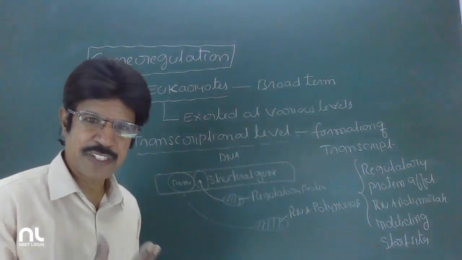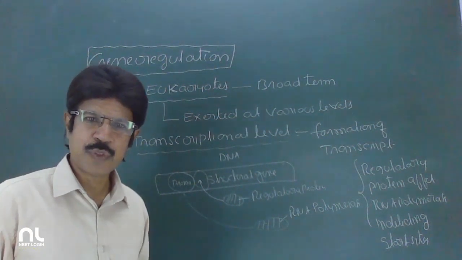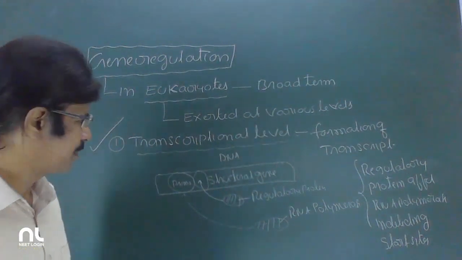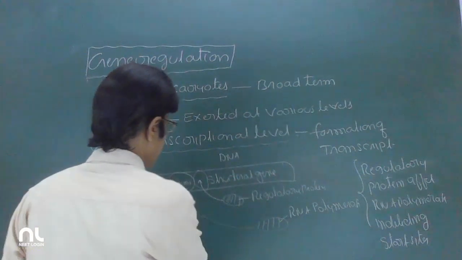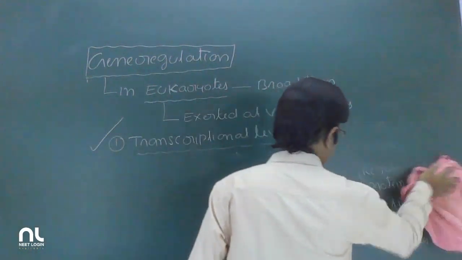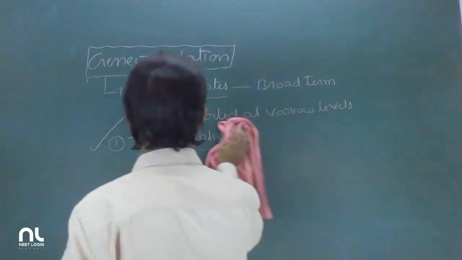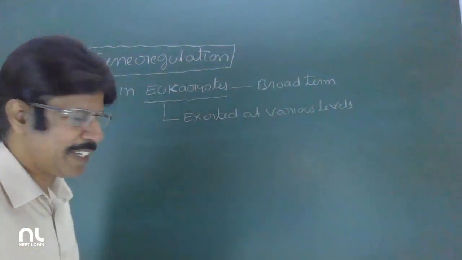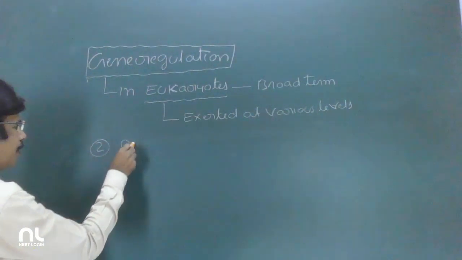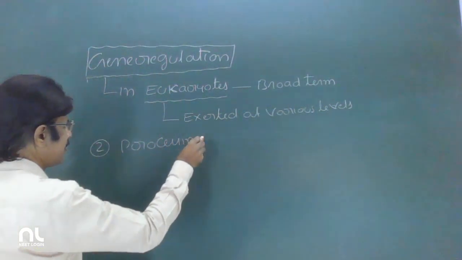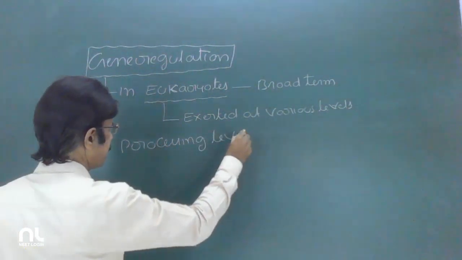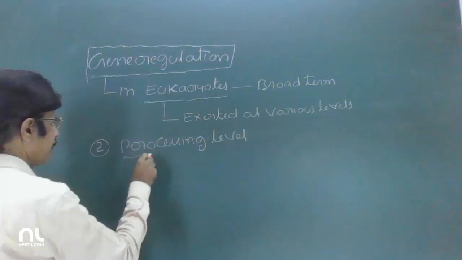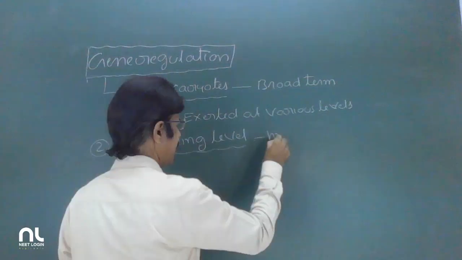In order to express the gene, it has to cross so many borders. The first border is the transcriptional level, formation of the primary transcript. The second is the processing level, that is hnRNA to mRNA.